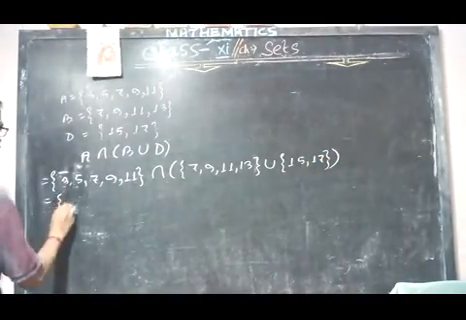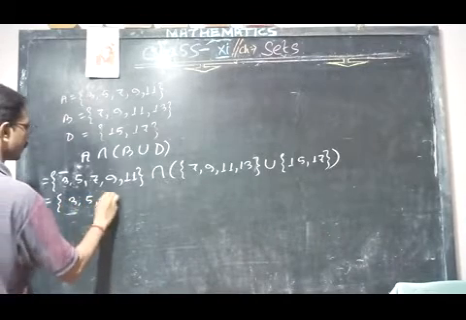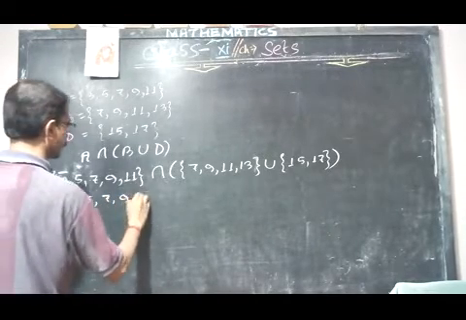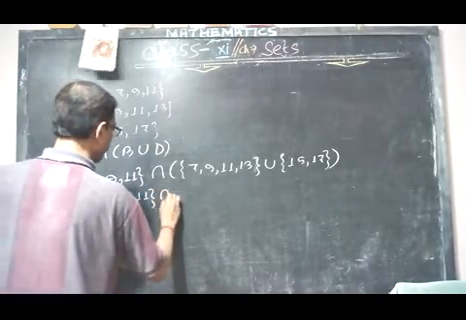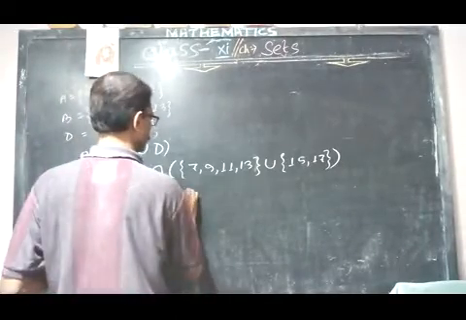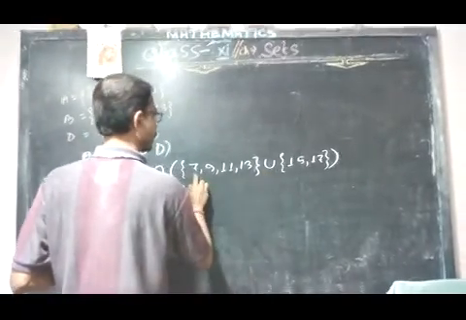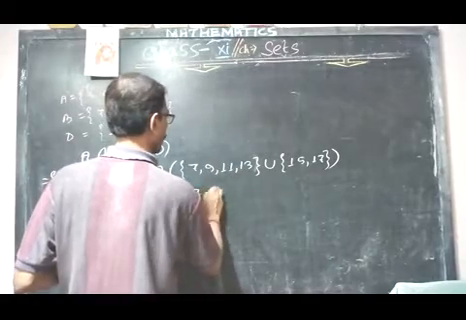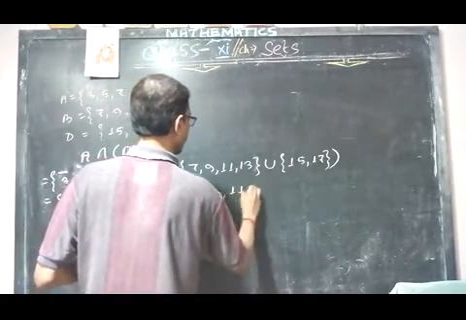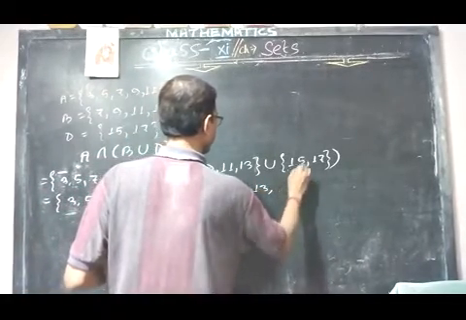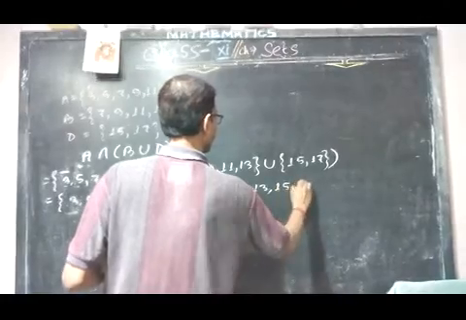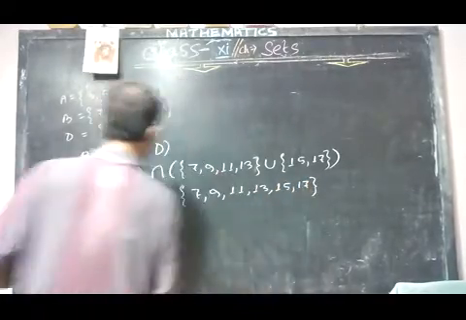That equals 3, 5, 7, 9, 11 intersection, union 7, 9, 11, 13, 15, 17.